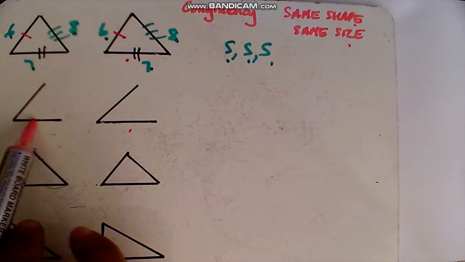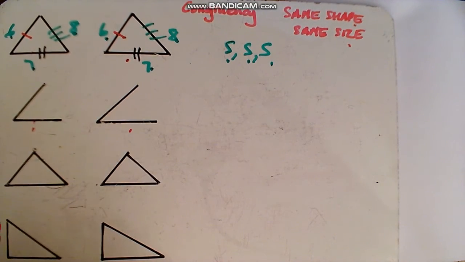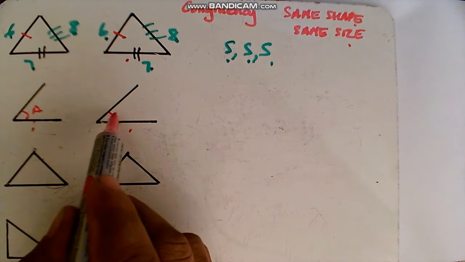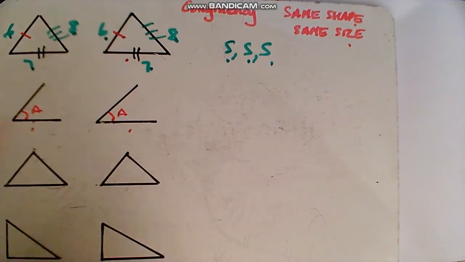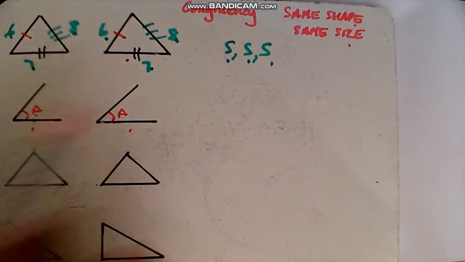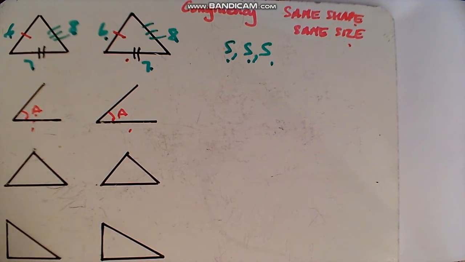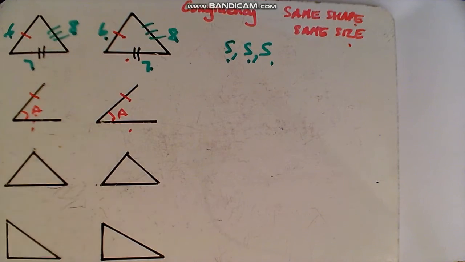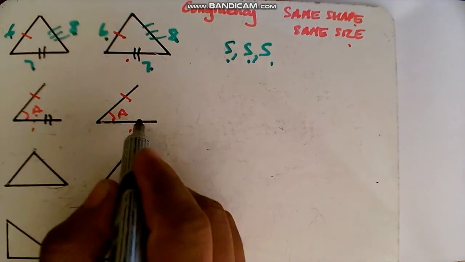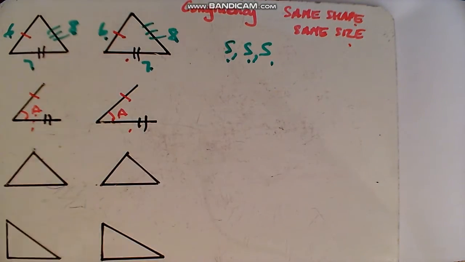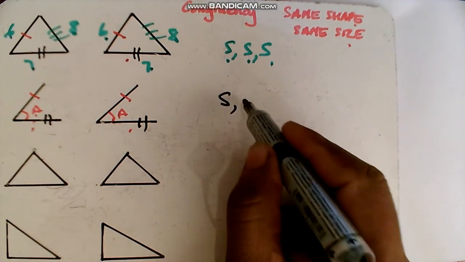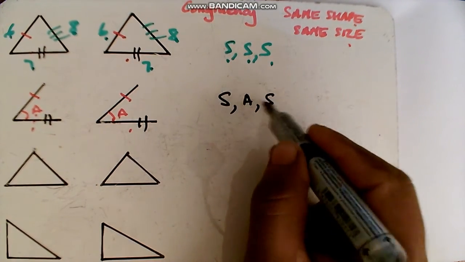If we're looking at the next shape, notice one side is missing. So I could have an angle that's given to be the same, or a value, 60 degrees, for example. And I could have a side and a side that's the same, and another side and another side that's the same. These two triangles will be congruent, a side, an angle, and a side.